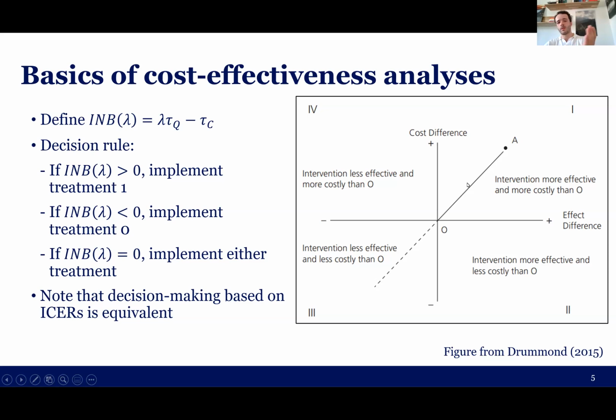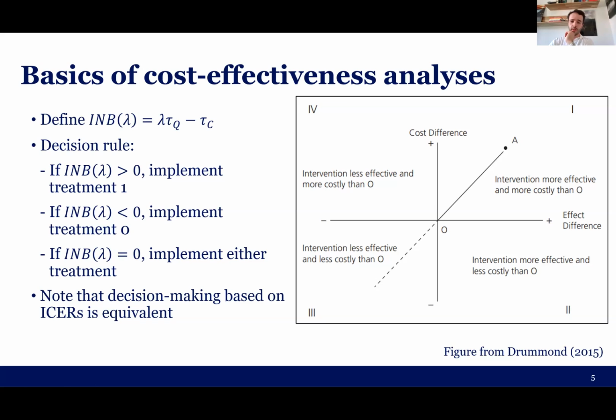And depending on the value of lambda, this line will be flatter or more steep. And if we know the treatment effects on costs and on QALYs, we would basically locate that point, that tuple, somewhere in this graph, then if it would fall below that line, that would mean the incremental net benefit is positive, and we implement the new treatment. If it is above the line, we would not implement the new treatment.